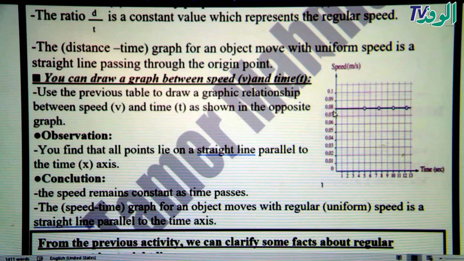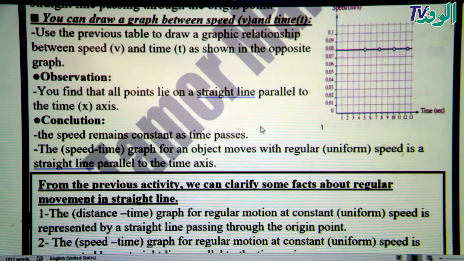The object speed is 0.8 after another time, after another time, which means that the object speed is constant. So also you can get a constant relation like this. And on the speed time graph, we can represent the object moving with regular speed as a straight line parallel to the time axis.